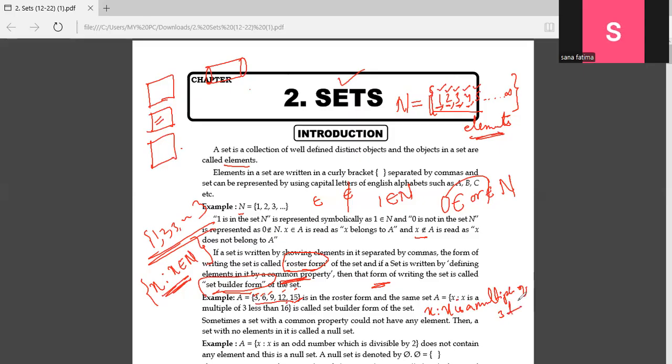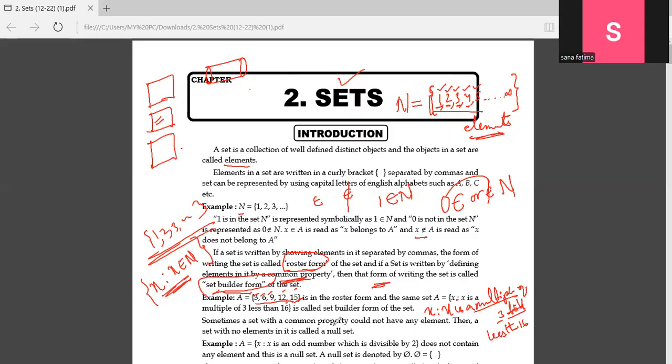Till 15 you can write, or you can write less than 16. It's your choice. Sometimes you can change it, less than 15, or multiple of 6. You can write in any way. Either of the ways is correct as long as you are categorizing it properly. Okay, so that is the set builder form of the set.